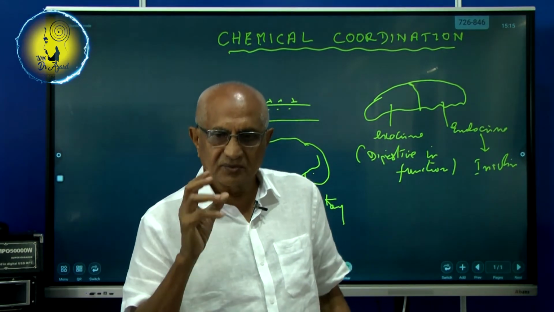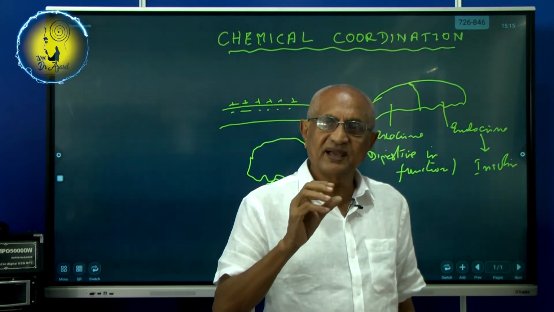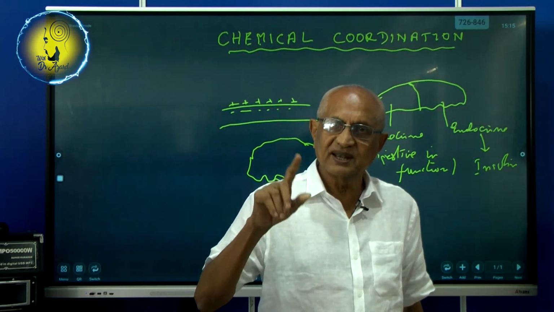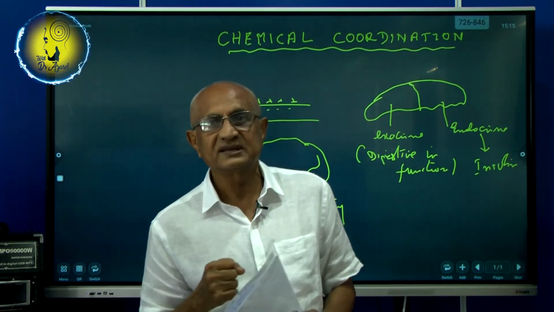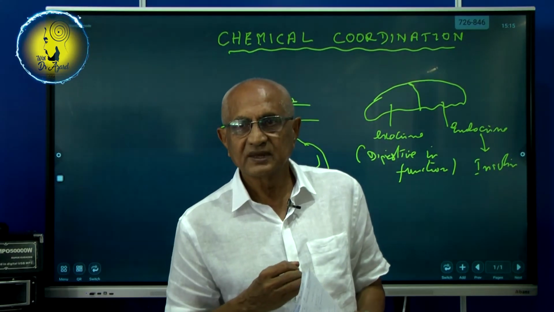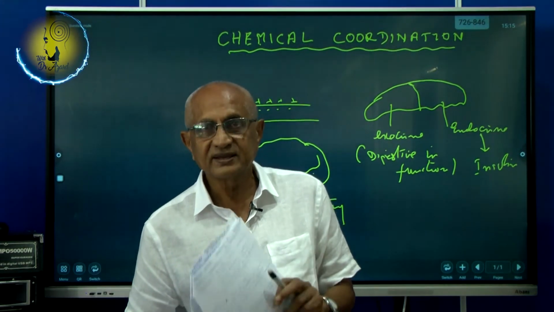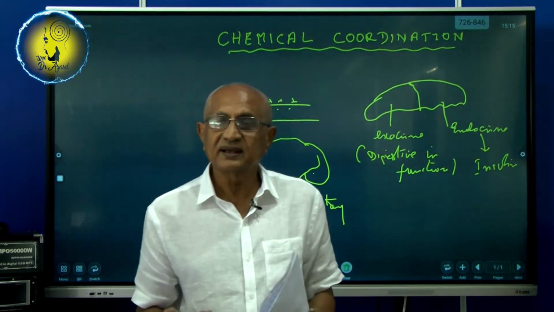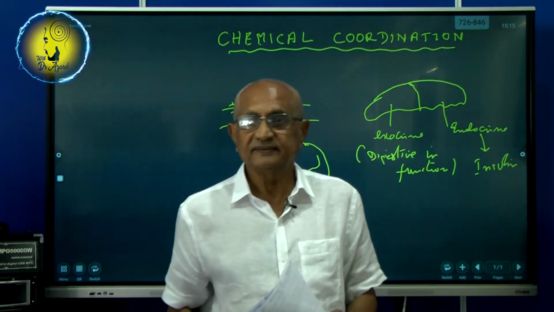Now you know this blood is coming into the glomerulus, from there filtration takes place and it is moving into the proximal and distal tubules, and reabsorption of water takes place depending on the amount of water in your blood, and the excess is secreted out as urine. So this antidiuretic hormone is important and it controls the amount of water in your blood.